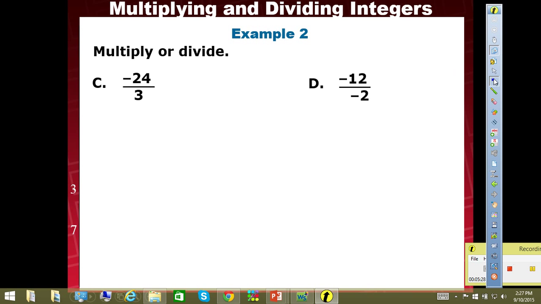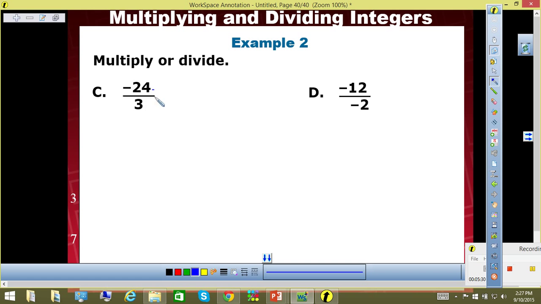Example 2C. First of all, identify if the result is positive or negative. This is a negative, and this one is a positive. 24 divided by 3 is 8. 12 divided by 2 is 6. So we know what to do with the rule of the signs, right? So now let's apply this to a word problem and use the number line.